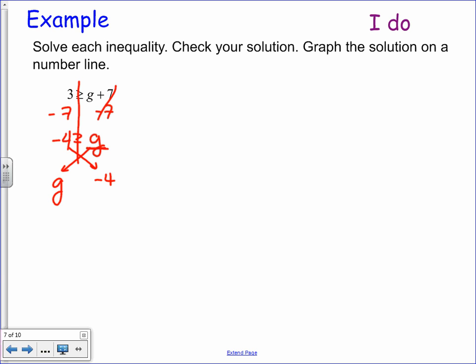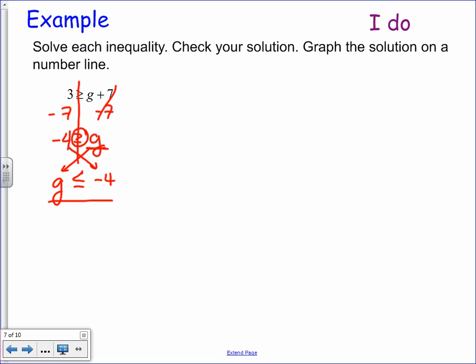Okay. Now, when I do that, I also want to switch my sign. So I'm going to flip that sign from a greater than to a less than. And that's all you do. So switch the position of the variable and the number, and then once you switch that, switch your sign. So your variable's on the left. So this reads g is less than or equal to -4.